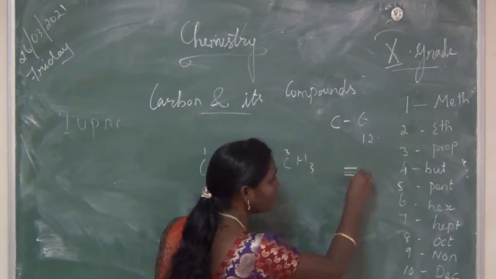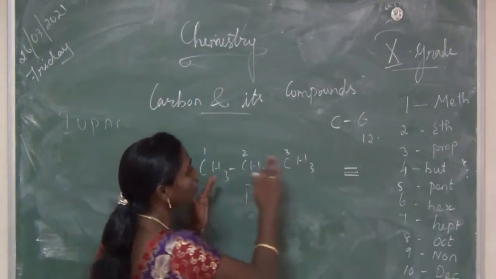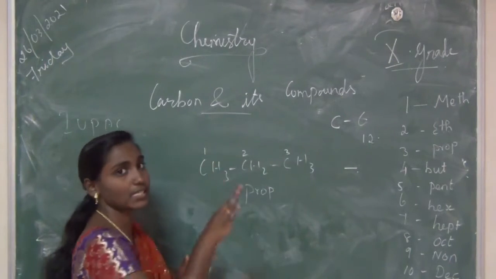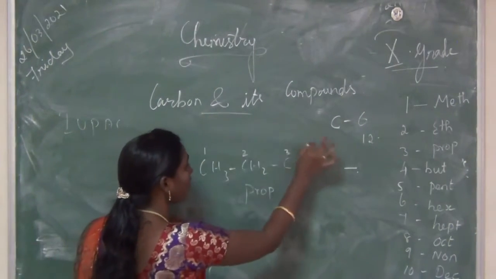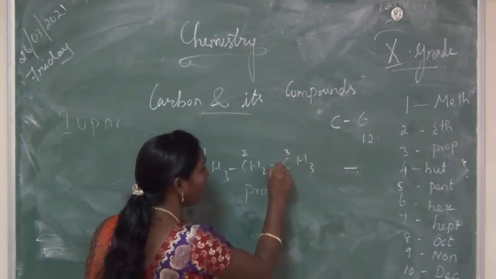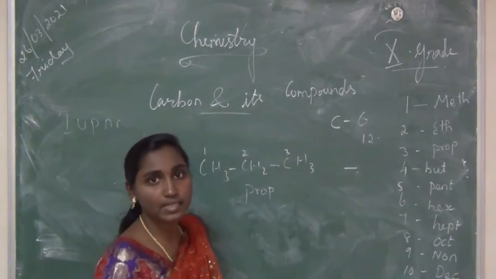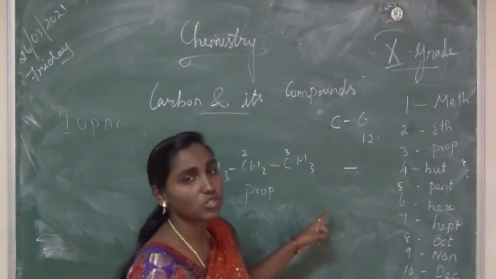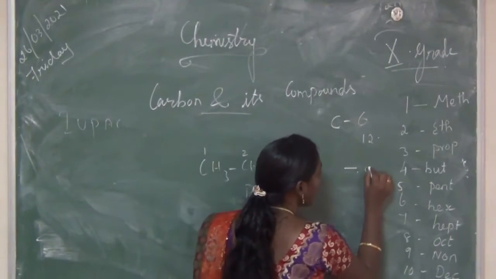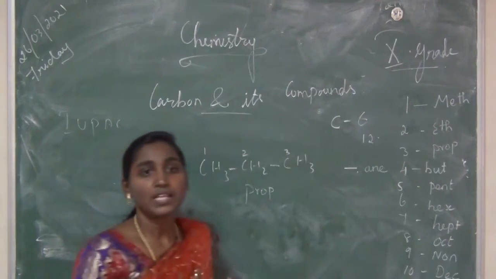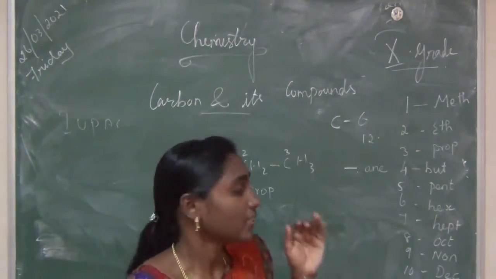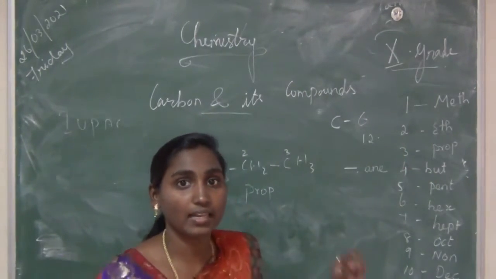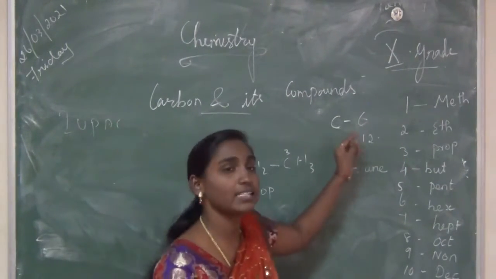Here, the compound has 2 bonds, and each bond is a single bond, right? So if the bonds are single bonds, the suffix we need to use is ANE. If the bond is a single bond, which suffix do we use? ANE. That is the alkane series.